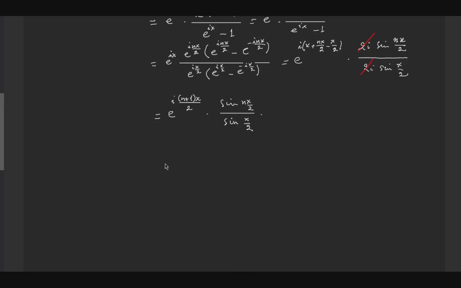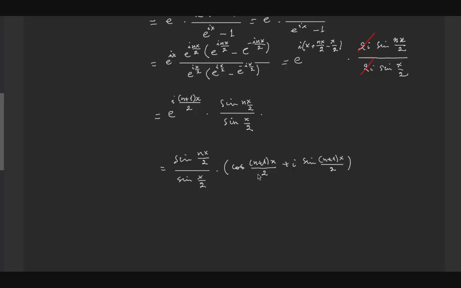So this is equal to, we'll start with this one, sine nx over 2 over sine x over 2 times (cosine (n plus 1) x over 2 plus i sine (n plus 1) x over 2).